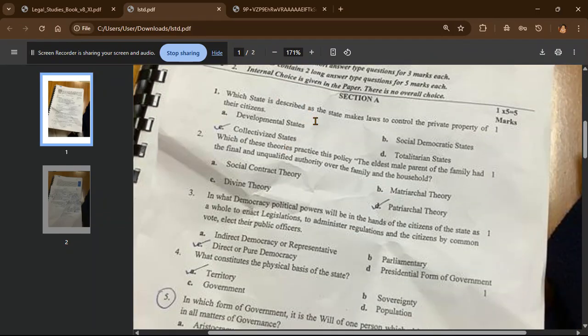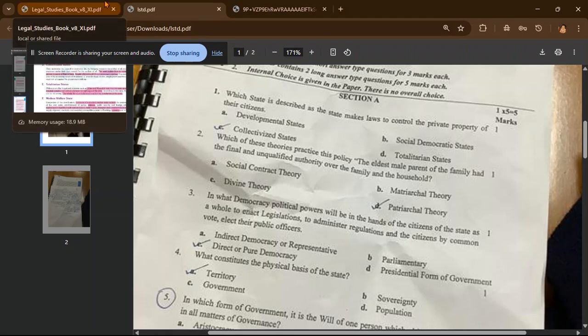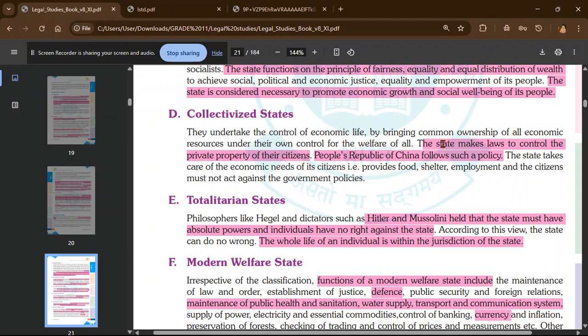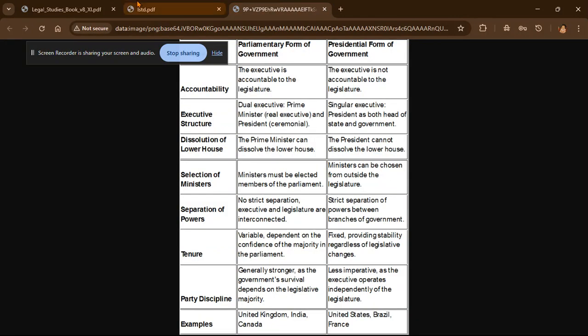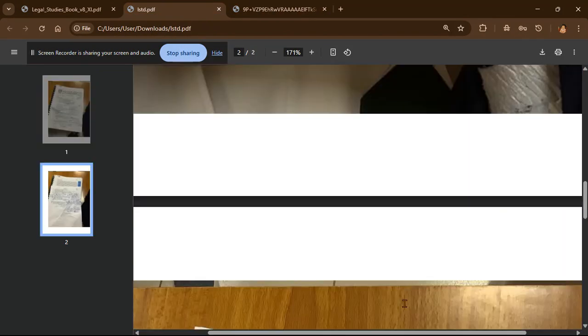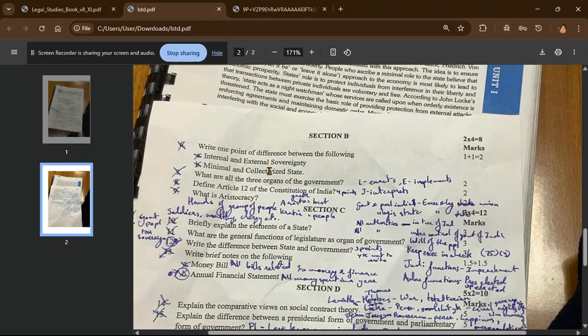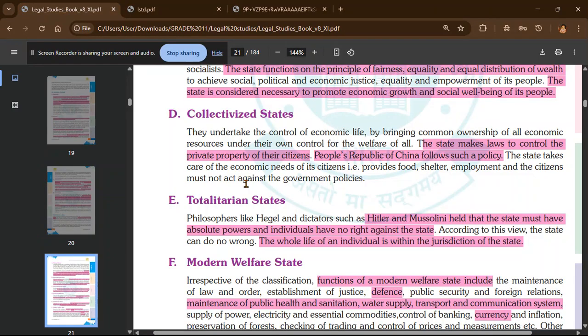Which state is described as the state which makes laws to control the private property of citizen? So the state makes laws to control private property of citizen. It is the collectivized state. Okay, it was given, I think, in your two marker as well, right? One point difference between minimal and collectivized state.